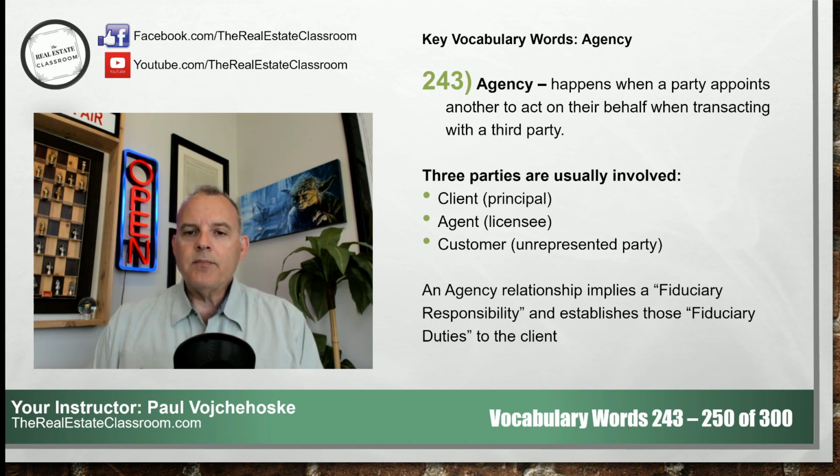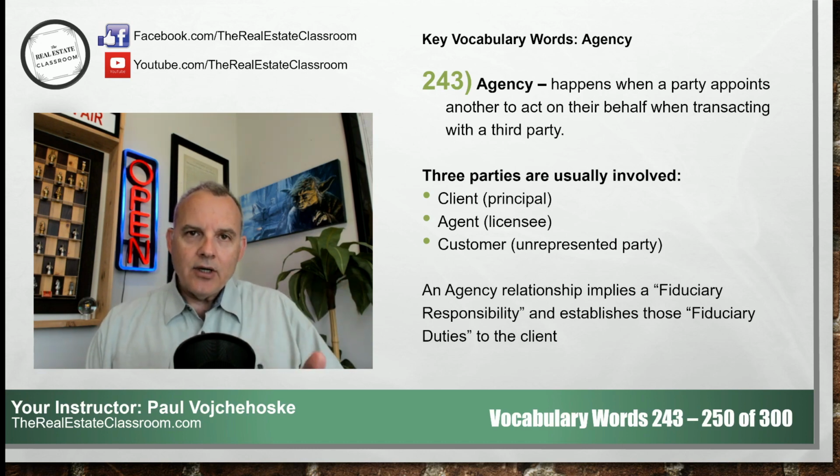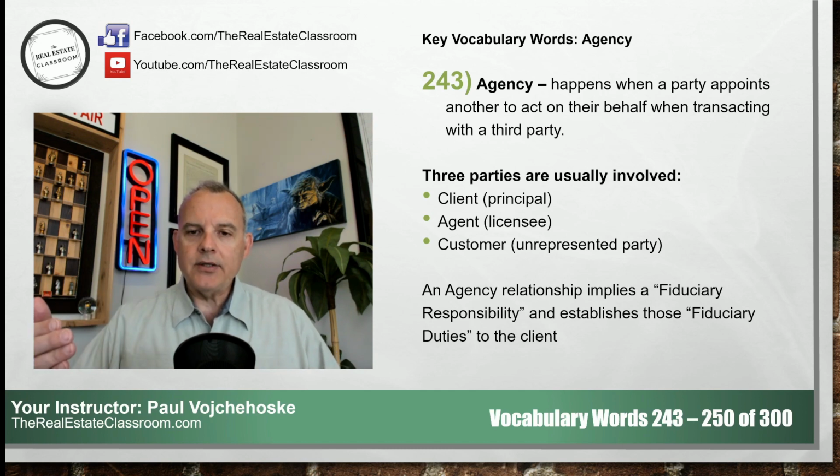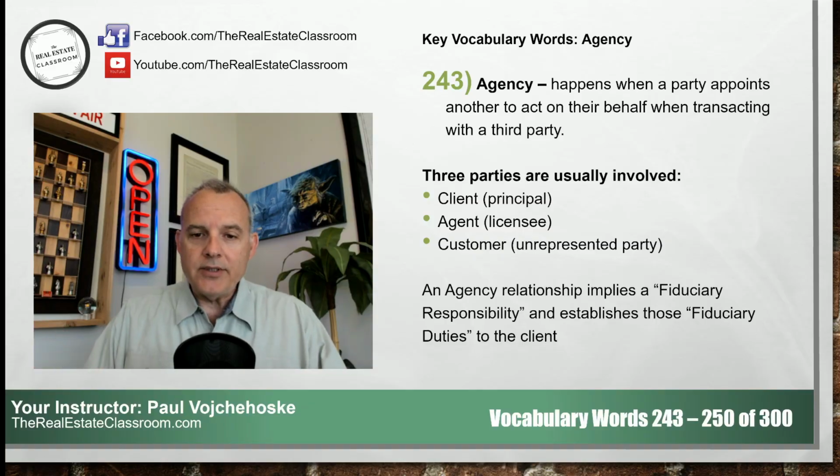The biggest difference between the client and the customer is the agent or licensee owes those fiduciary duties to the client, but they don't owe those fiduciary duties to the customer. And we're going to talk about fiduciary duties in the next slide here. So that's the biggest difference. The client is represented by the agent. The agent can work with a customer, but they do not represent them.